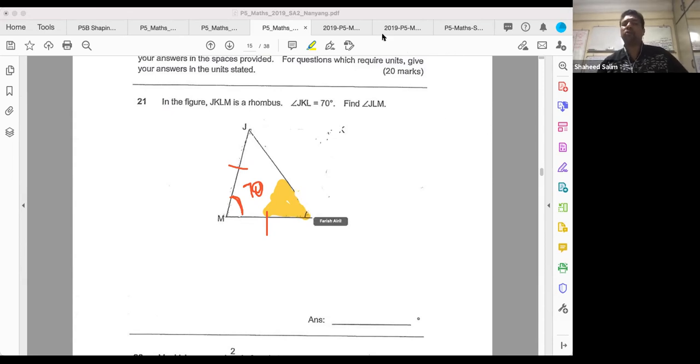Farish, do not chonting. If you chonting, it will affect others. You have already finished your work. Don't sabotage the rest. Or I will remove you from the class. If you are taken out from the class, anyone, you won't be able to join back the same day.